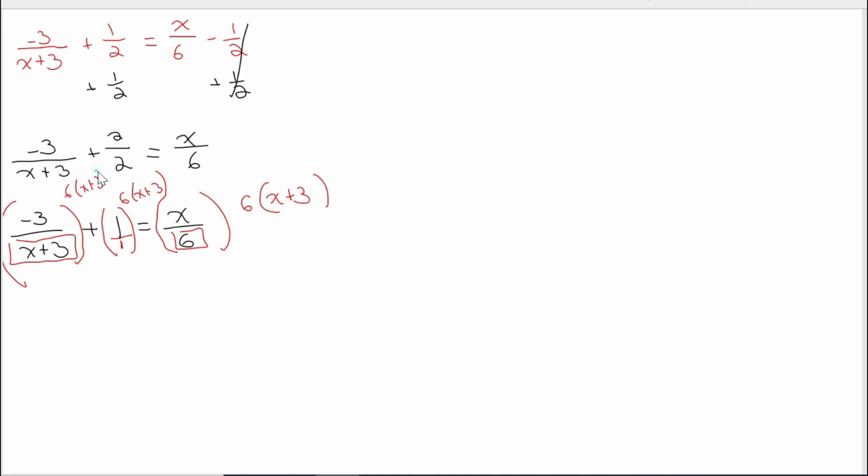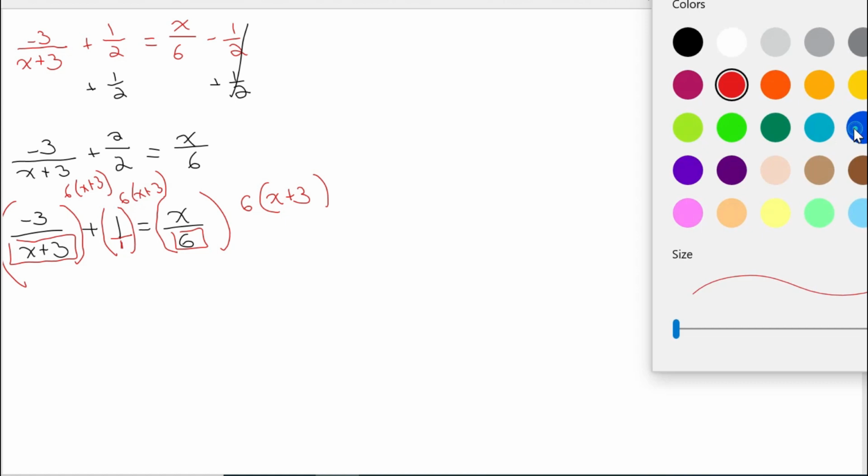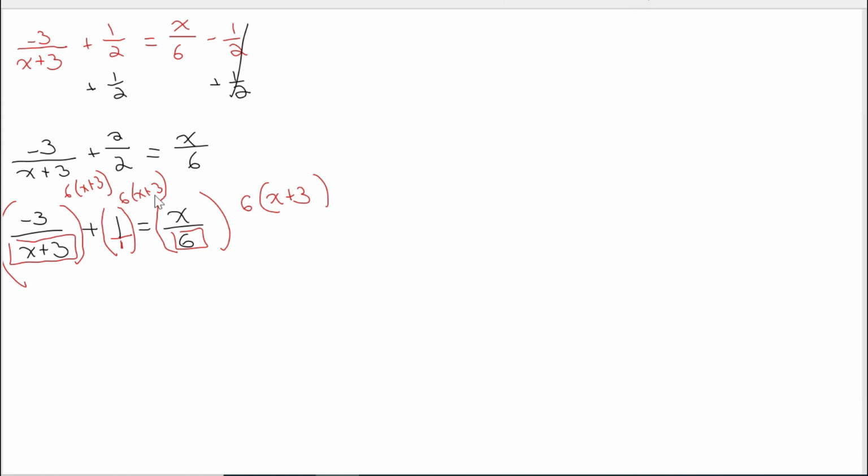Going to be a little messy. And then the reason why I did that is because, remember, when you multiply, I want to get rid of the fractions. And that's what I was thinking at the time. And I realized a lot of people might not understand it if you're not good with fractions.